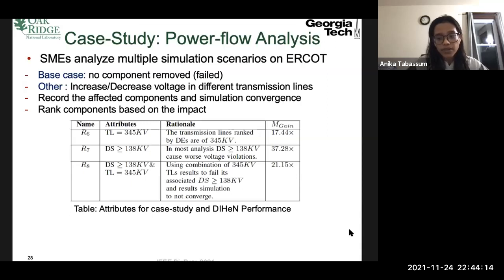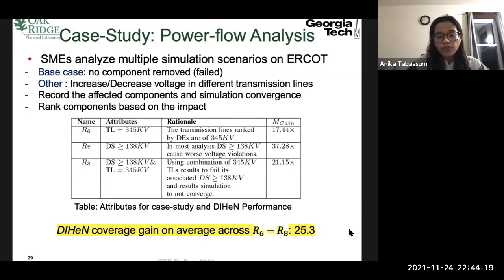Based on these comparisons, next the experts rank each transmission line. And we check whether the attributes of the components that experts rank as high in the contingency analysis also match with the nodes selected by our model Diane.